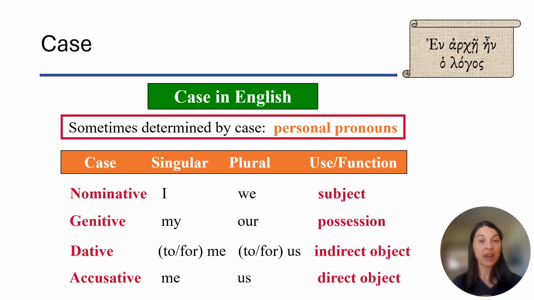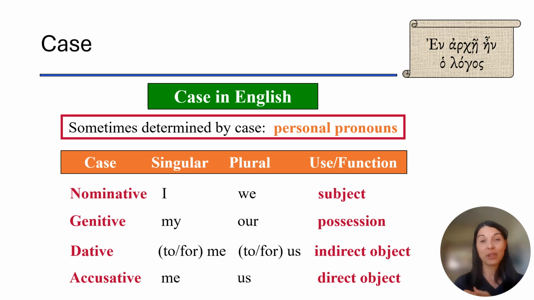So the nominative case is the subject. So for the personal pronoun I, you would say I or we in the plural, and that is a change that would happen in the nominative case, which is the subject case. Genitive is the possessive case. So if you were going to say my book, that would be a genitive because you are the possessor of the book.